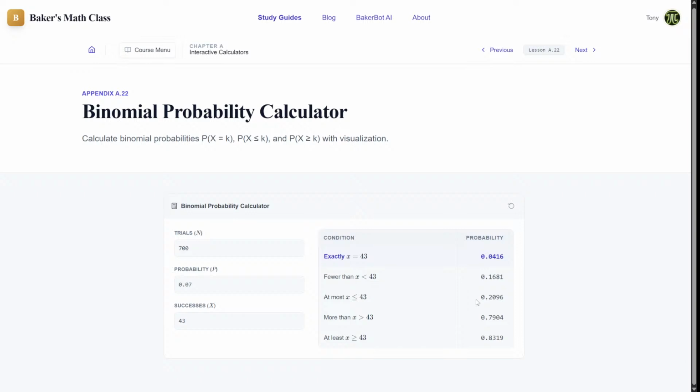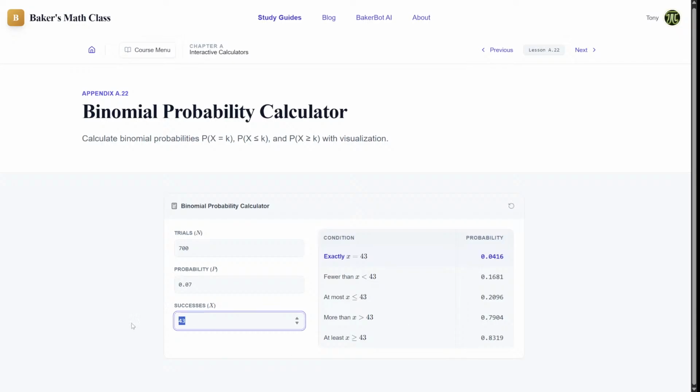It's 21%, sorry, 21%. So that's not that unusual for that to occur. We would expect that to happen.